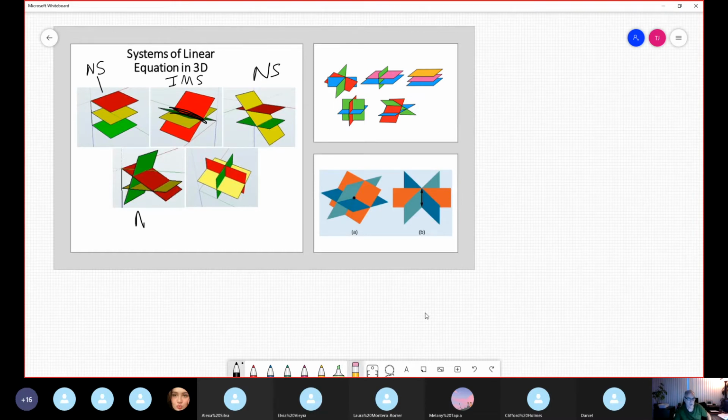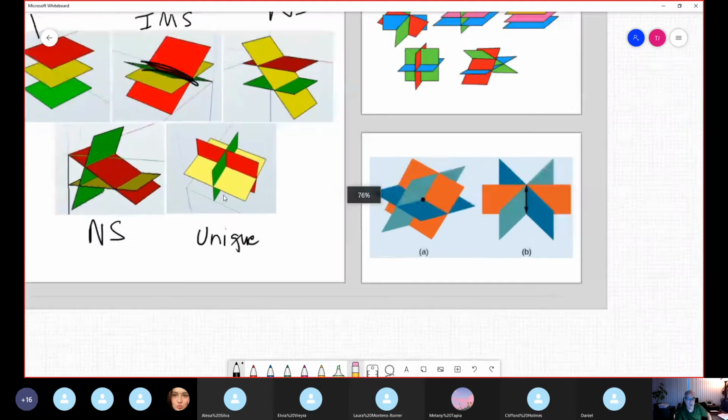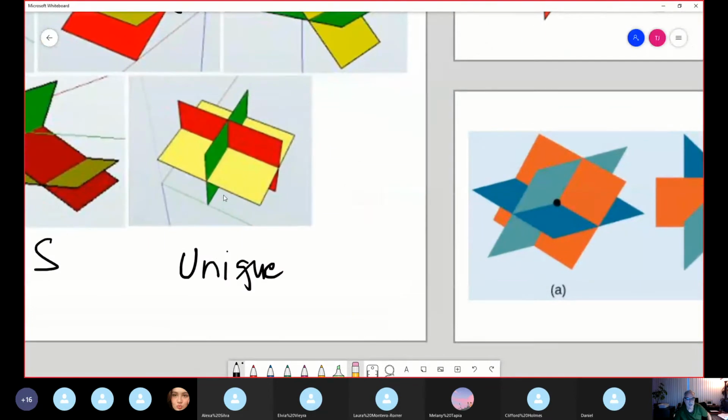This is no solution, this is no solution also, but this one is a unique solution. Let me zoom in to see more clearly. I can see the intersection of the yellow, red, and green planes is that point, and this is the solution point. We can express it using the ordered triple (x, y, z).